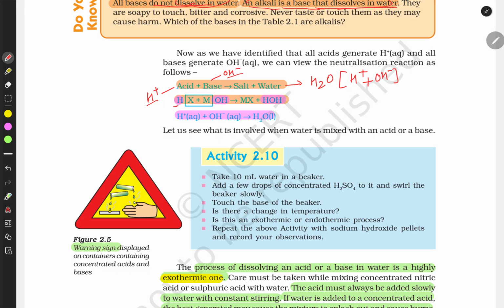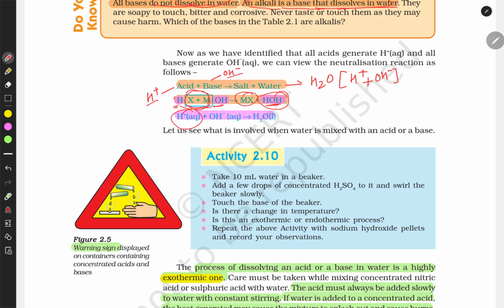Because acid contains H and base contains OH. When they react with each other, the H and OH form H2O, 2H and 1O forming H2O, and the remaining ions of the acid and base come together and form salt.